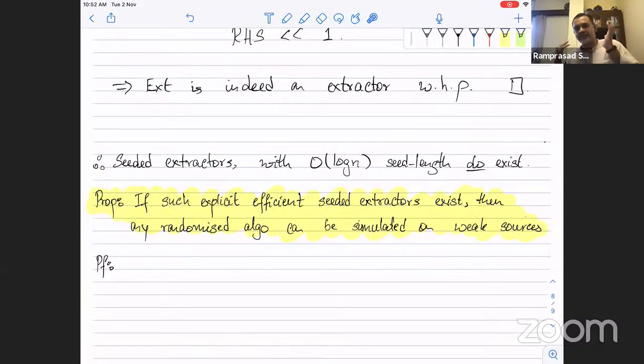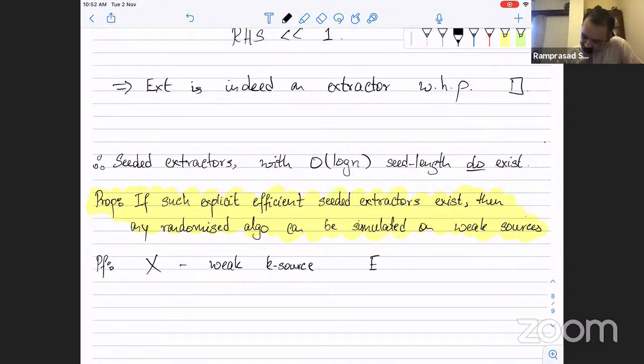we started off this entire lecture by saying that the reason we want to do these extractor constructions is because we are trying to simulate randomized algorithms, which were relying on uniform random bits. Okay. But now suppose that I give you access to a source X. This is a weak source, a weak k source.